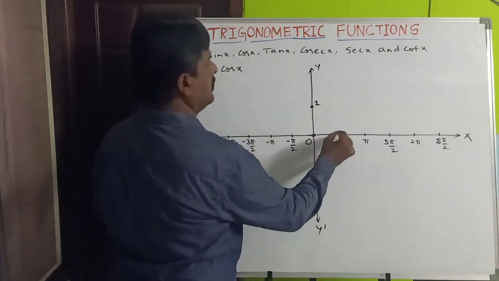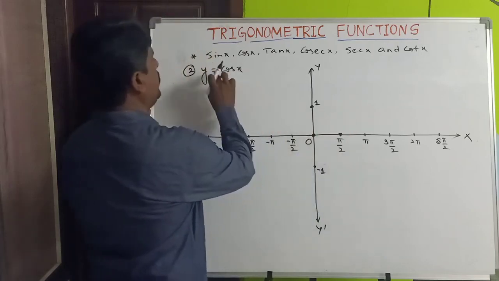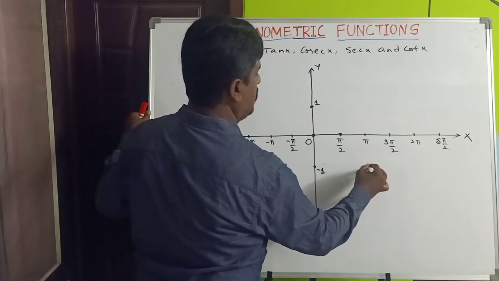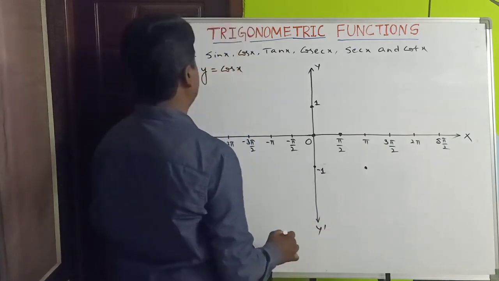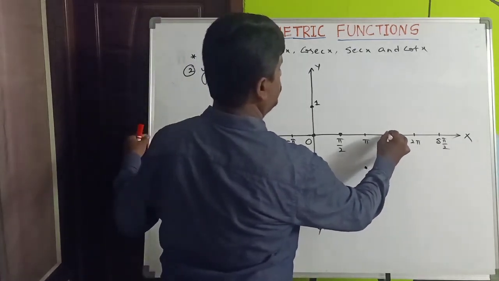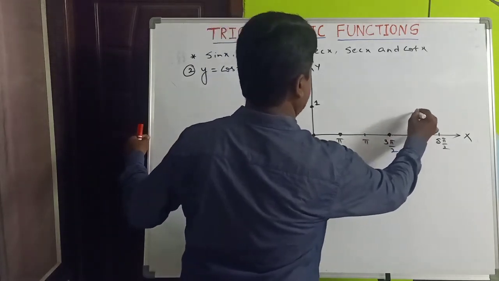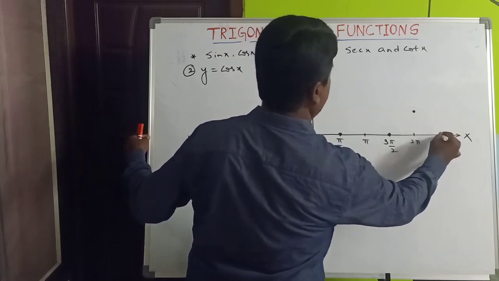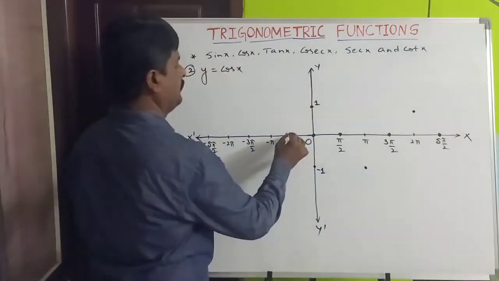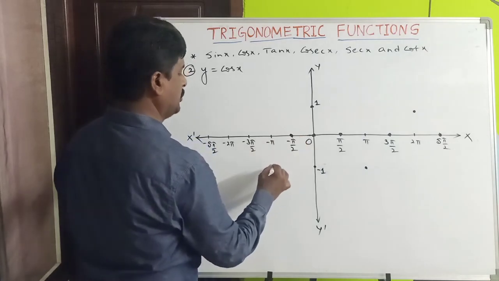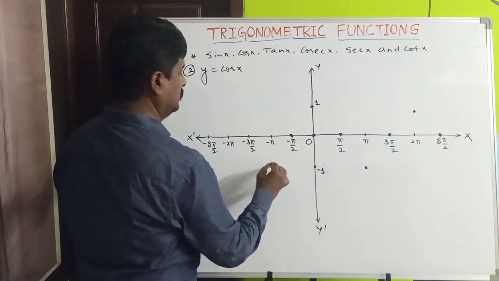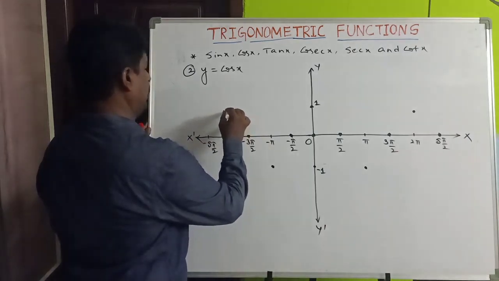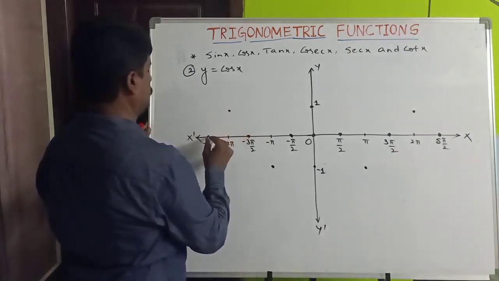Cos 0 is 1, x value pi by 2, cos pi by 2 is 0, x value pi, cos pi will be -1, x value 3 pi by 2, cos 3 pi by 2 is 0, x value 2 pi, cos 2 pi is 1, again cos 5 pi by 2 is 0. So this is 1, 0, -1, 0.